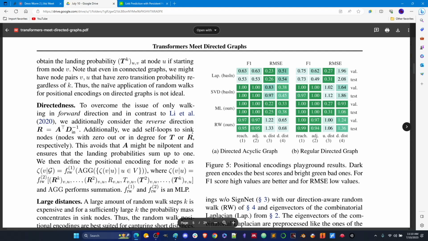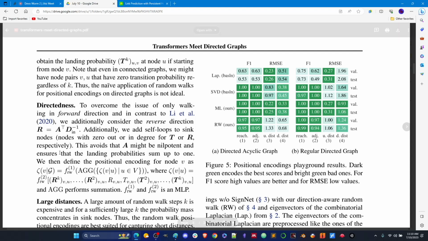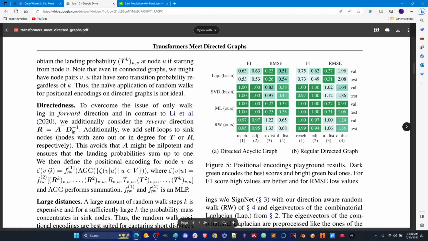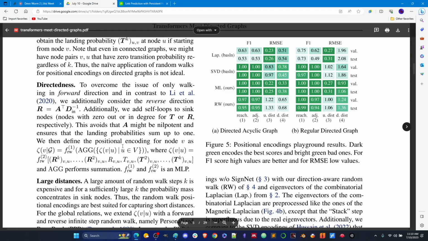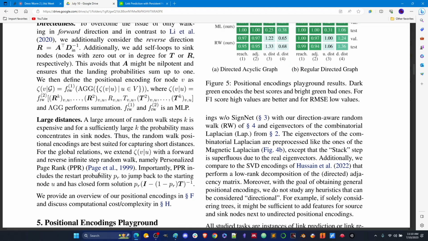Additionally, we add self-loops to sink nodes. This avoids that A might be nilpotent and ensures that the landing probabilities sum up to 1. So we then define the positional encoding for node v, and so that's how they build those random walks that are directional. They can convert that to a directional encoding.